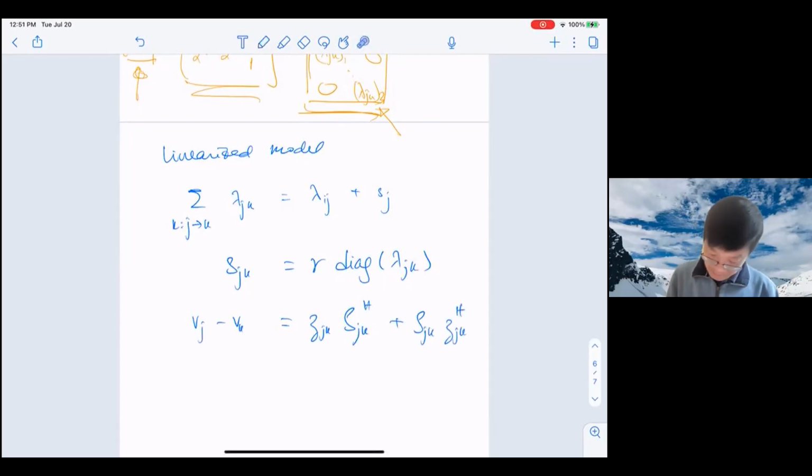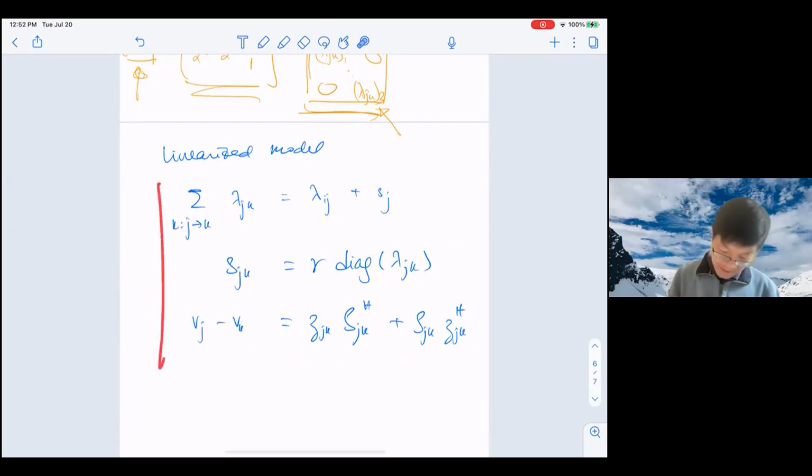Okay. So this is a 3 by 3 matrix obtained from here. This is simply the Hermitian transpose of this matrix. The sum of these two, you get a real matrix because it's a sum of complex conjugates. And that matrix is the difference matrix of Vj and Vk.